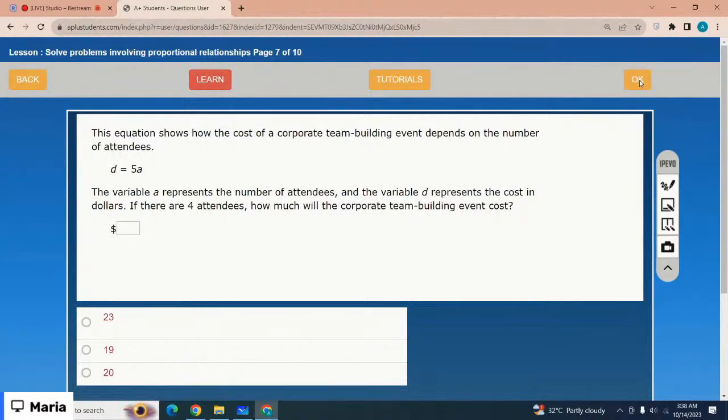Okay, the equation shows how the cost of a corporate team building event depends on the number of attendees. D equals 5A. The variable A represents the number of attendees and the variable D represents the cost in dollars. If there are 4 attendees, how much will the corporate team building event cost? Which is the correct option?